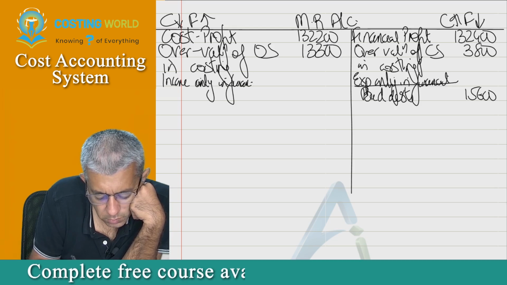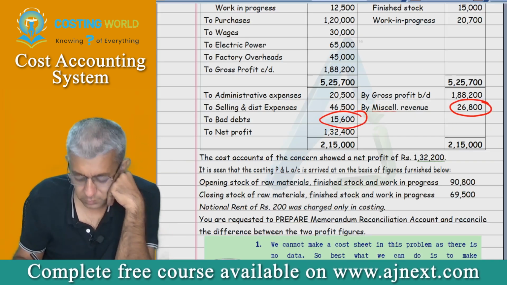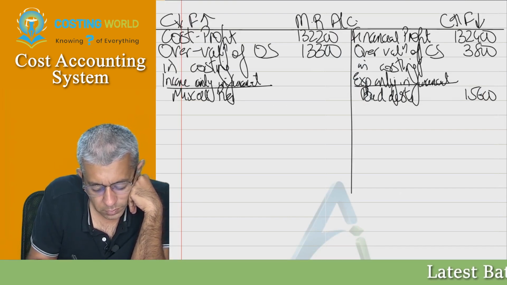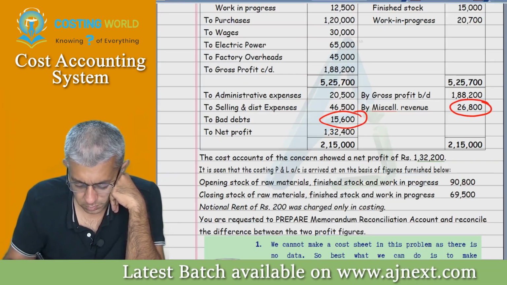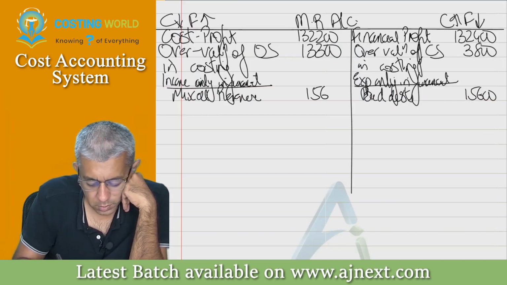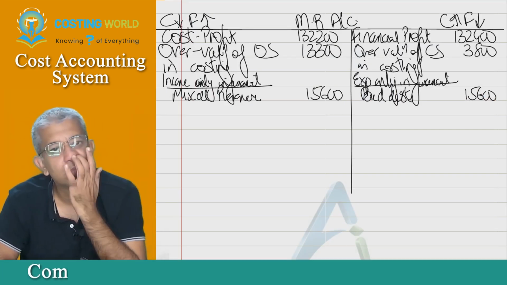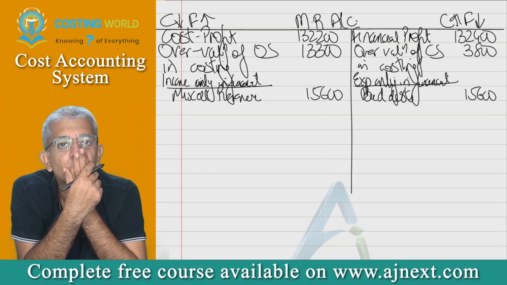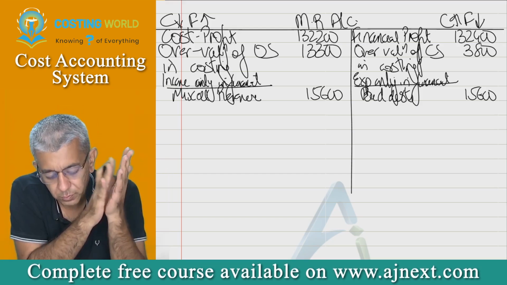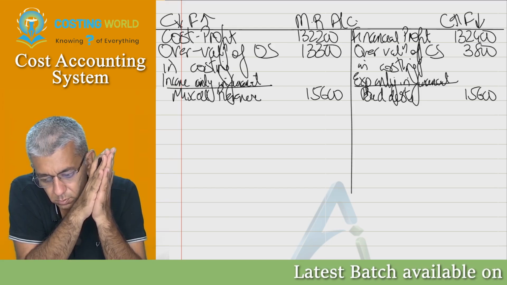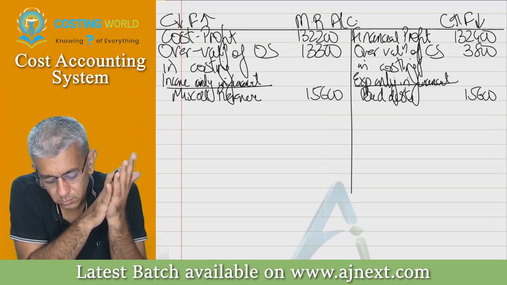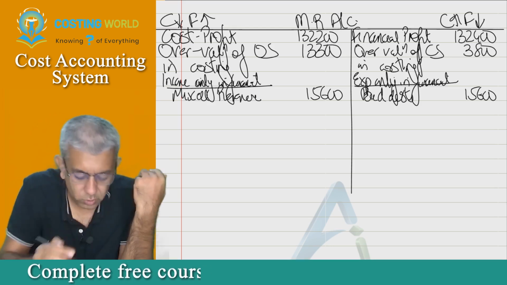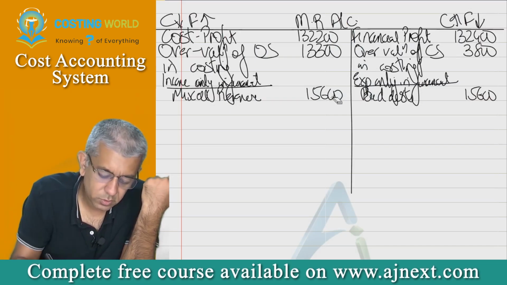Income only in financial, miscellaneous revenue. Sorry, this amount is wrong, it is 26,800.